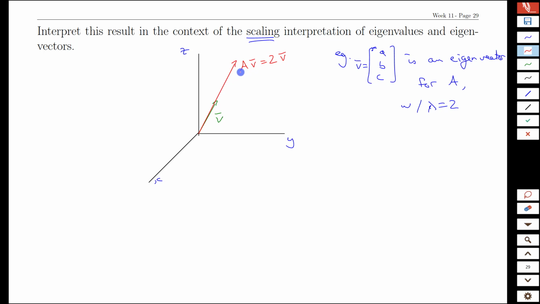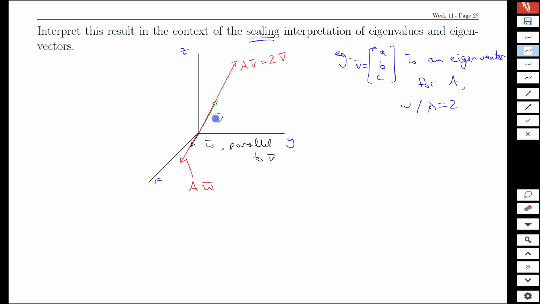Well, because the transform's linear, if we had a vector pointing in the opposite direction, as long as it's along this line, let's call that w, but parallel to v, then guess what? When we multiply it by A, it is going to get scaled by 2. So A times w.